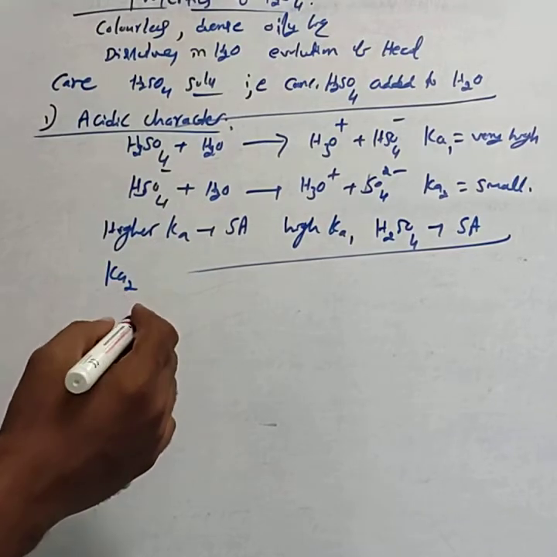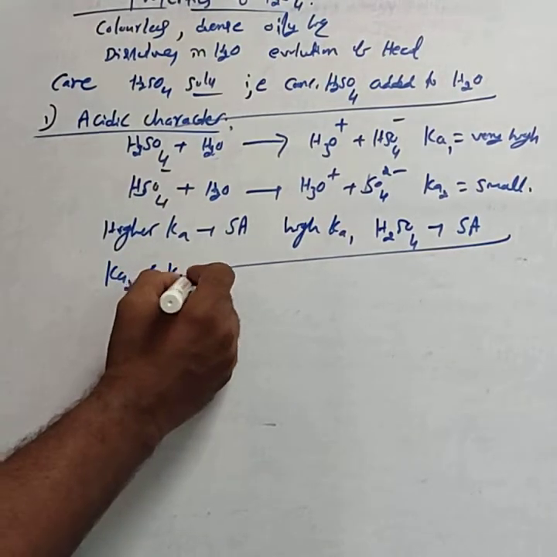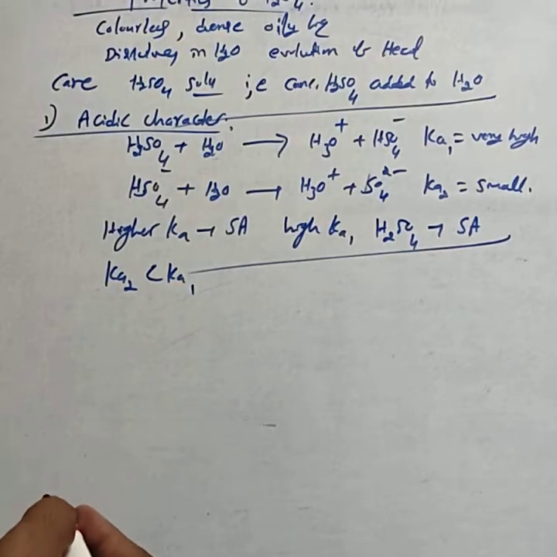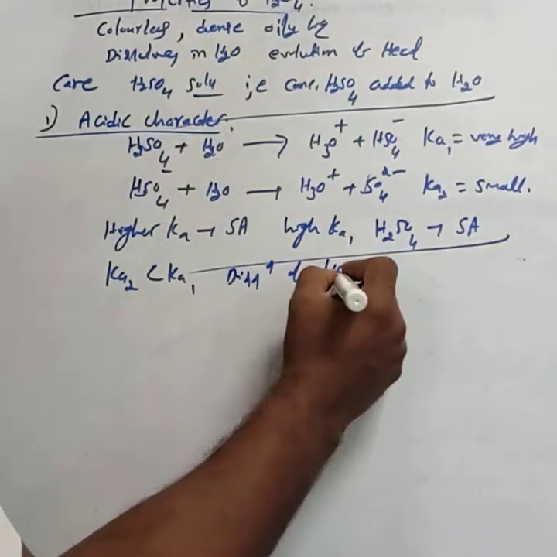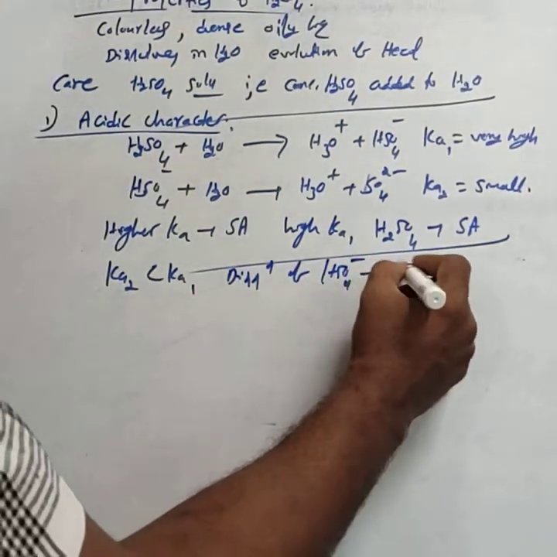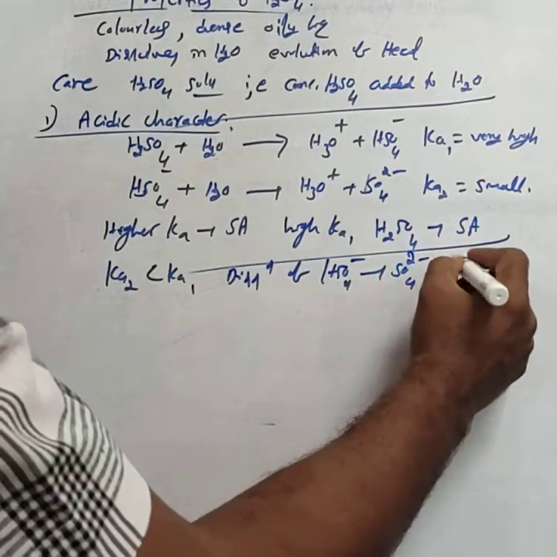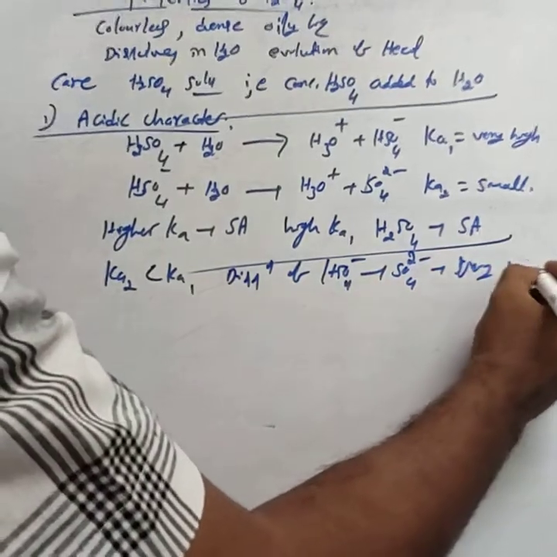The Ka2 value is less than that of Ka1, because dissociation of HSO4 minus into SO4 2 minus is very small.